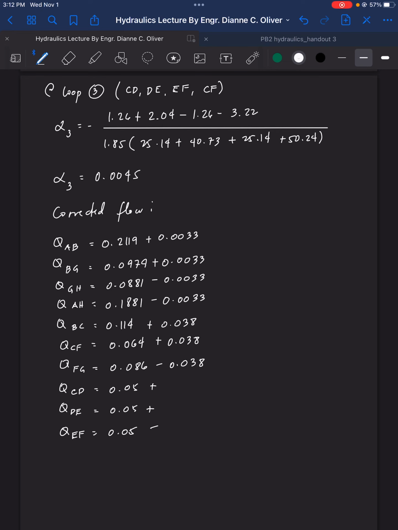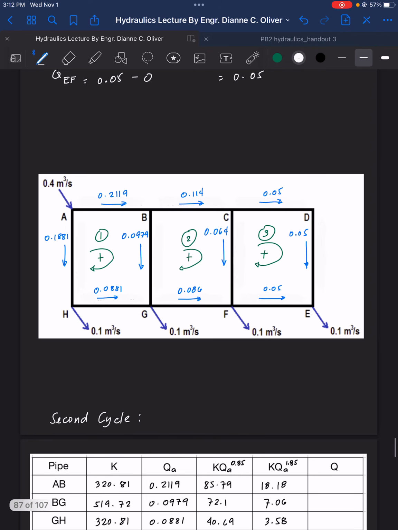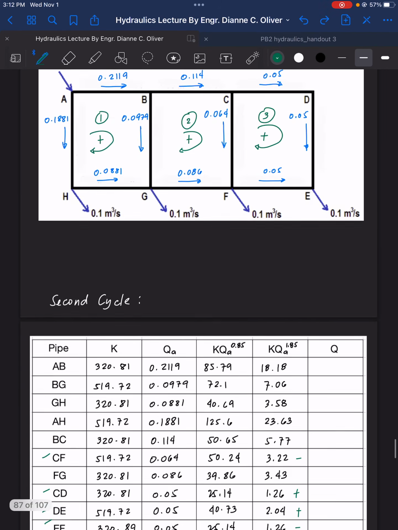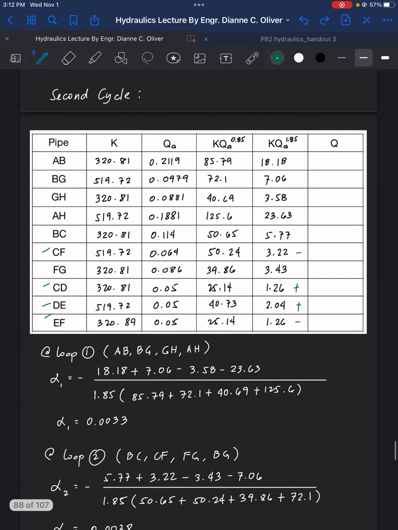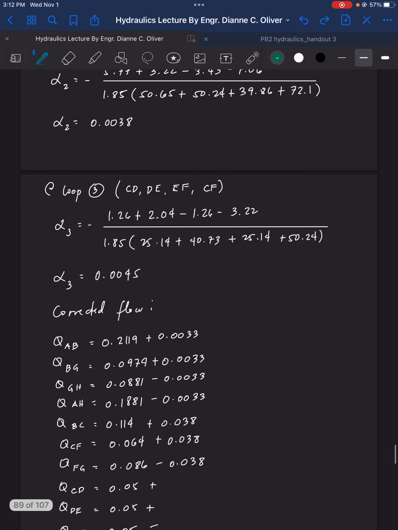How about BG? BG has 2 corrections. For loop 1, it's clockwise. For loop number 2, it's counterclockwise. Therefore, we will have a minus 0.0038.